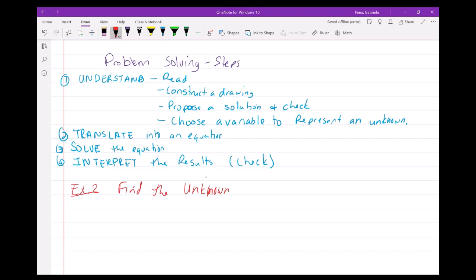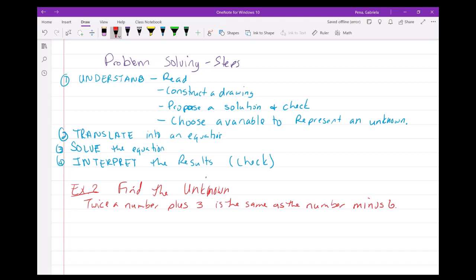So the problem they give us here is: twice a number plus 3 is the same as the number minus 6. Find the unknown number.